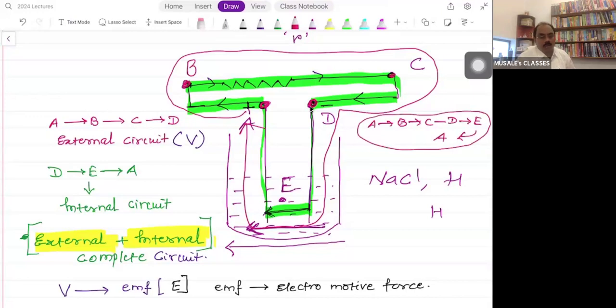And the amount of energy or work done required for moving that electron throughout the circuit is known as EMF. It is work done or energy for moving the electron once throughout the circuit.